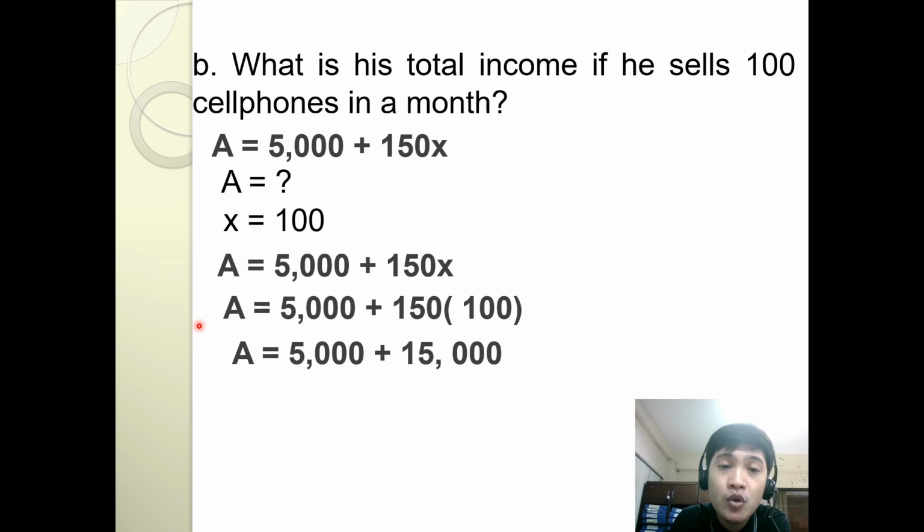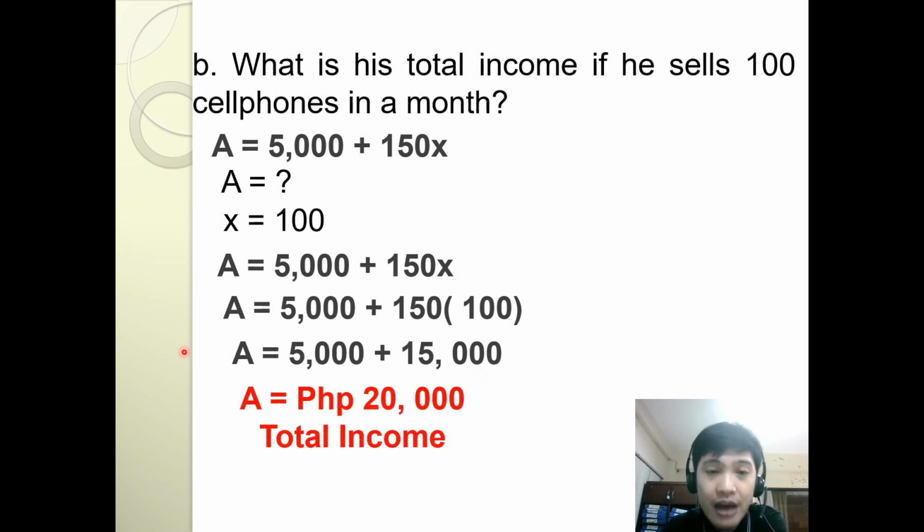Simplifying this further, we have A is equal to 5,000 plus 15,000. So 150 times 100, that is 15,000. Okay. Simplifying this further, our value for A is equal to 20,000 pesos.